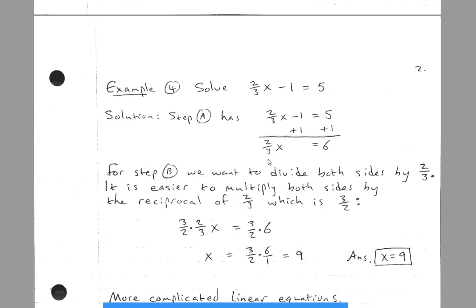So the easier way to finish this question is to multiply both sides by 3/2. Okay, so why is that useful? Well, 3/2 times that 2/3, we get 6/6.